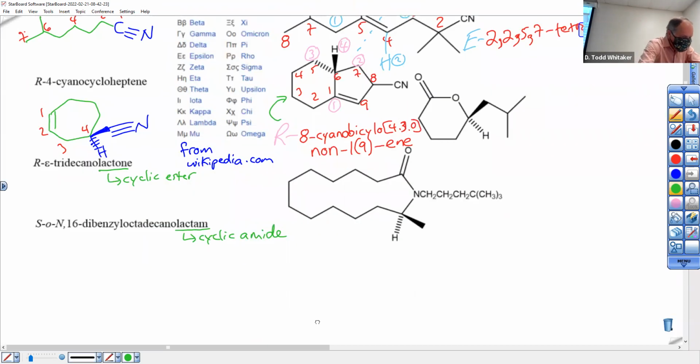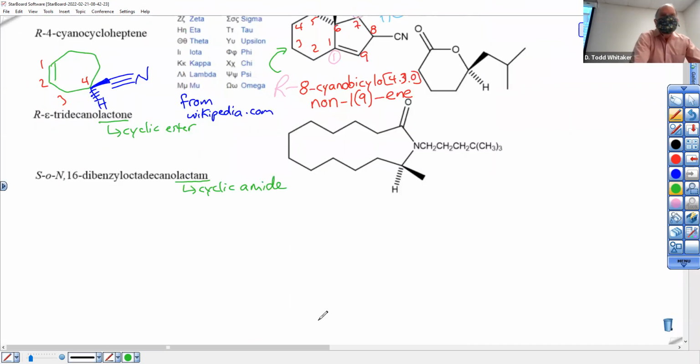And it's real important that you know they're named after the acid they came from, like these all are. So we're going to draw the acid this thing came from before we draw the lactone. And the acid this came from was tridecanoic acid. Let's draw tridecanoic acid.